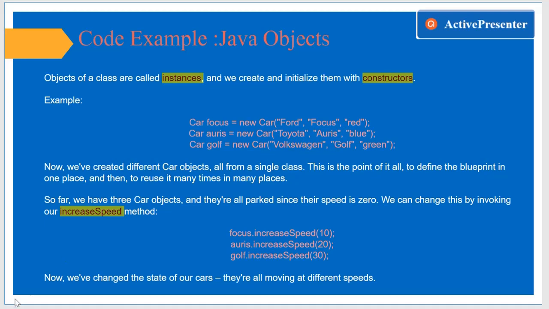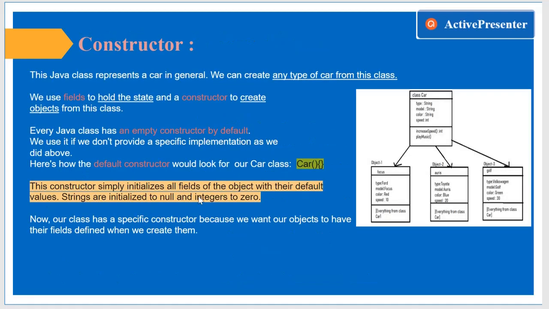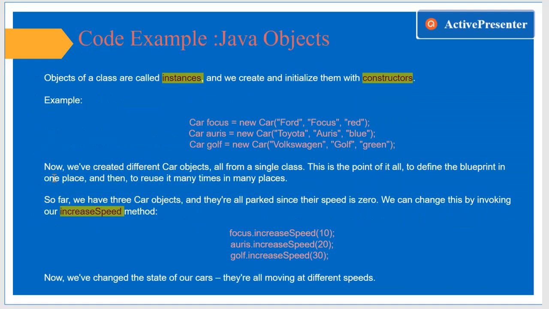Okay, so from the class car we create three different objects, three types of car. Now we have created different car objects, all from a single class. This is the point of it all: to define the blueprint in one place and then reuse it many times in many places.